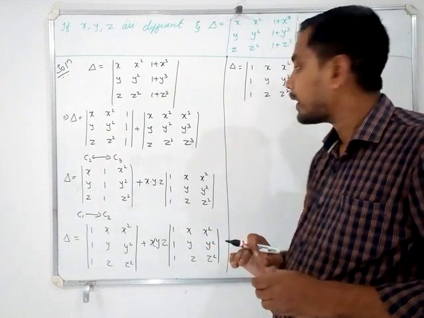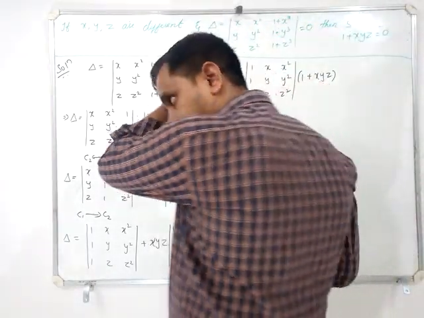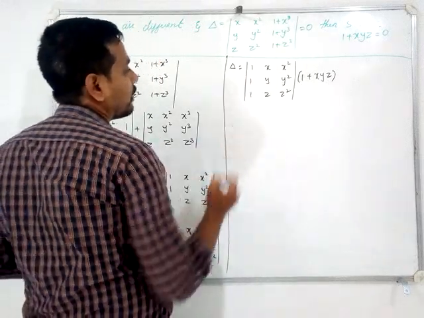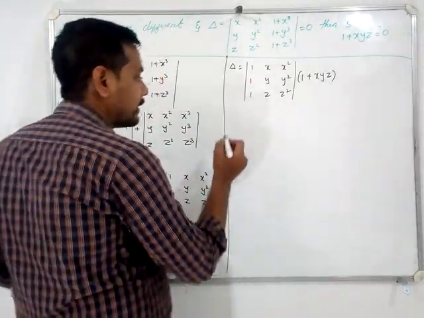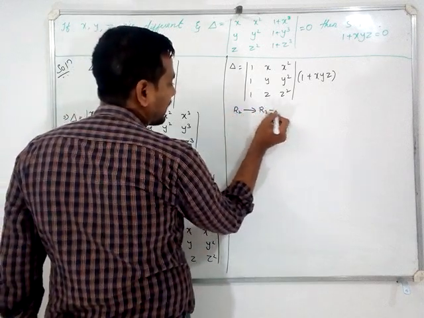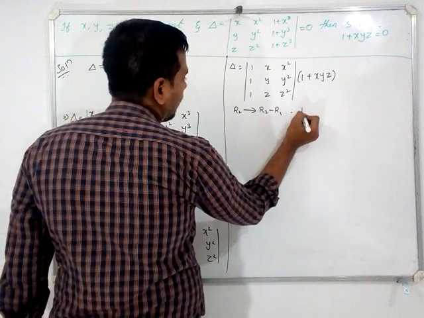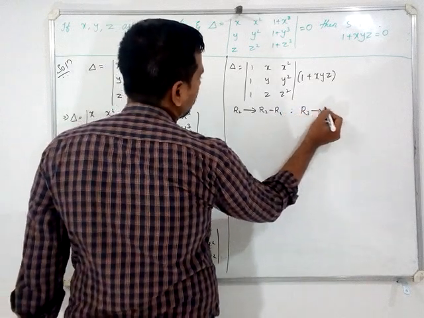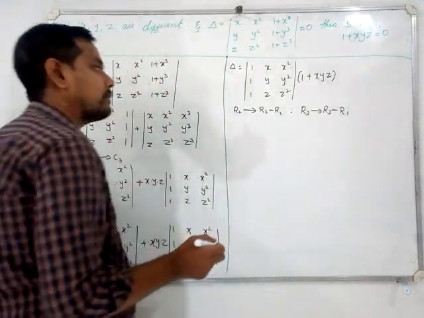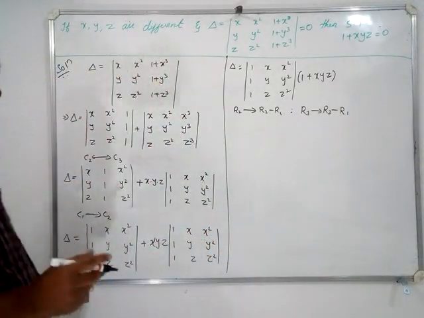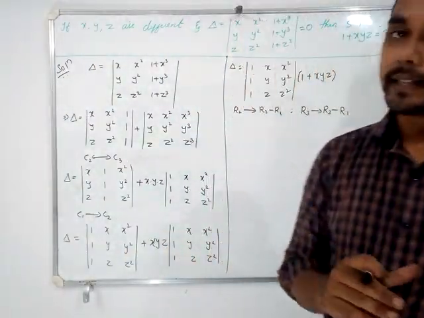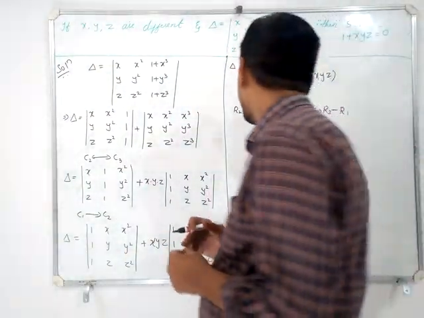Okay, so now you can see I have 1, 1, 1. So I can reduce this determinant. I can make R2 change to R2 minus R1, R3 changes to R3 minus R1. R1 changes to R1, R2 changes to R2 minus R1, and R3 changes to R3 minus R1.